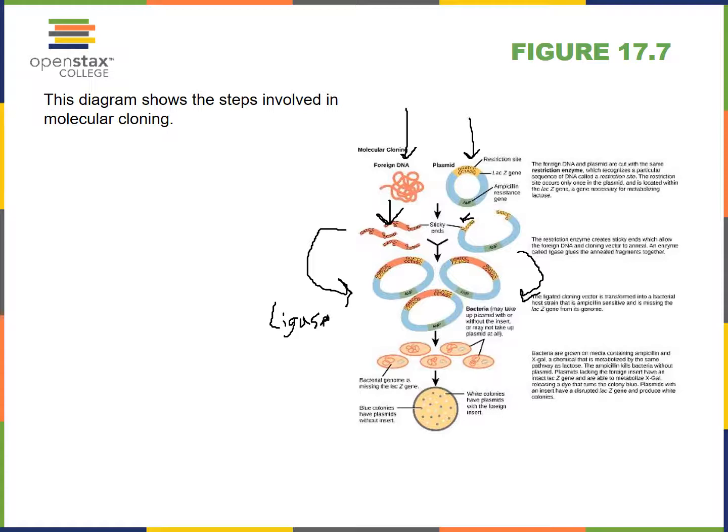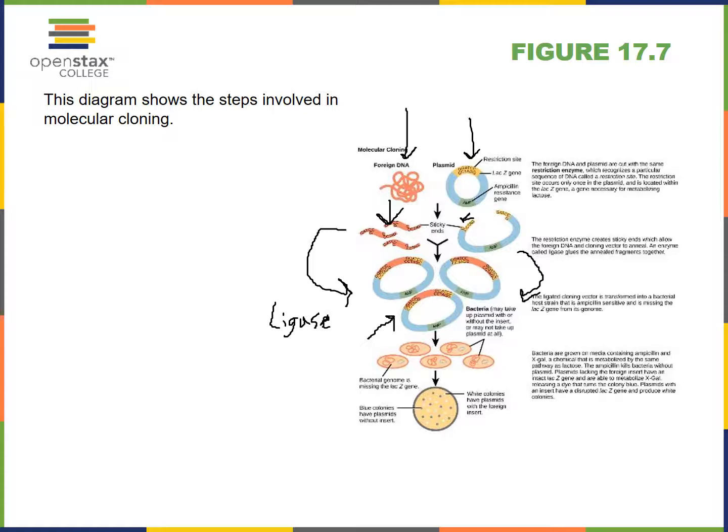It's a funky E, but that's an E. And ligase will glue the two pieces together. So you have now glued together your plasmid, which you need because it will self-replicate inside the bacterium. And we've glued this little cassette into our plasmid that has the human insulin gene in it.